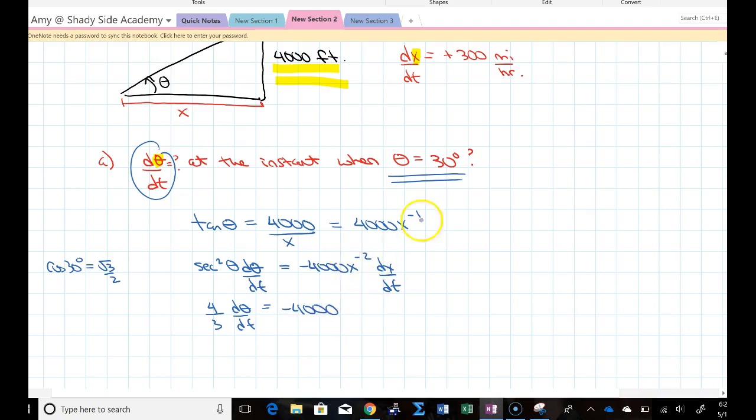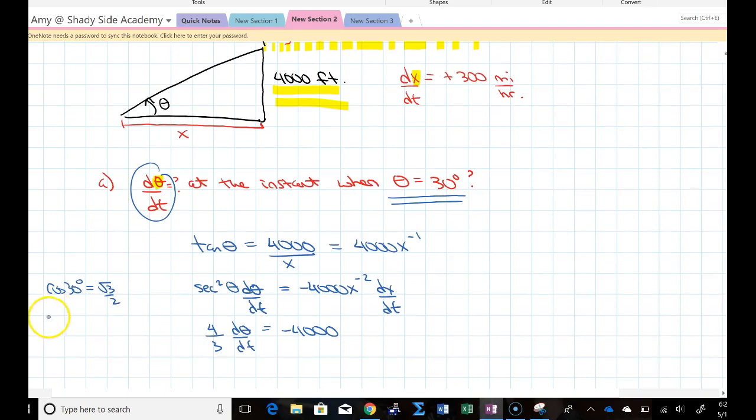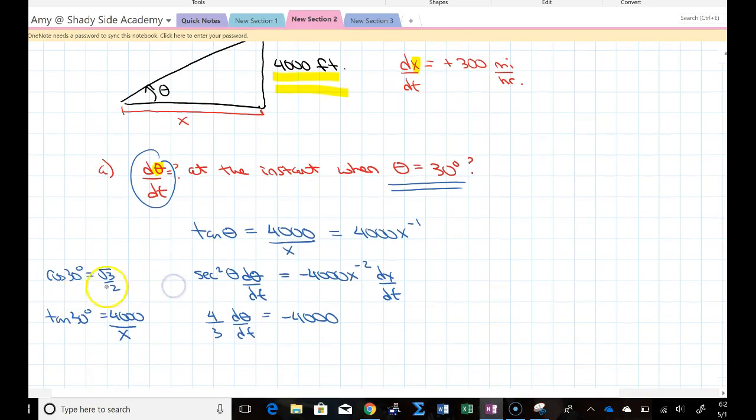Okay, what is x when theta equals 30 degrees? Well, let's see. At 30 degrees, tan of 30 degrees equals 4,000 all over x, right? This is us doing the work to find information about the variable values at a particular moment in time.